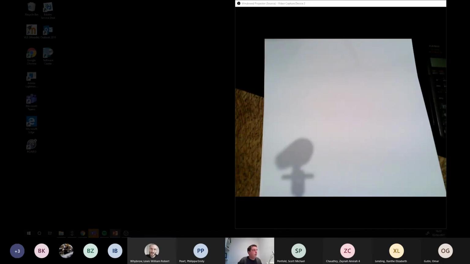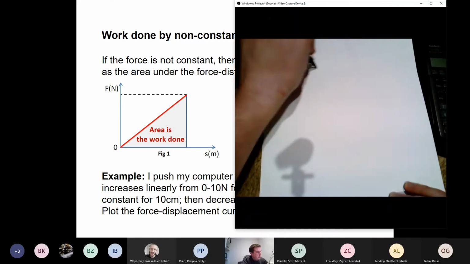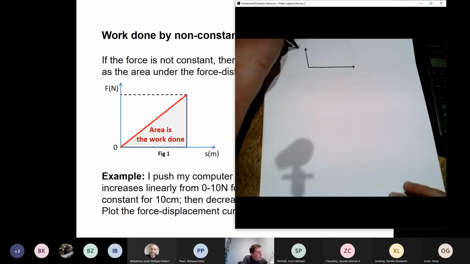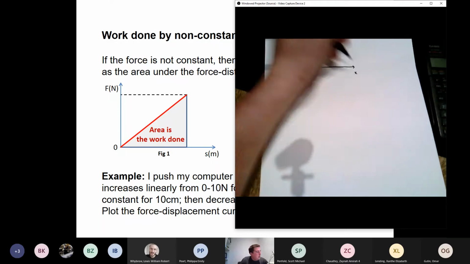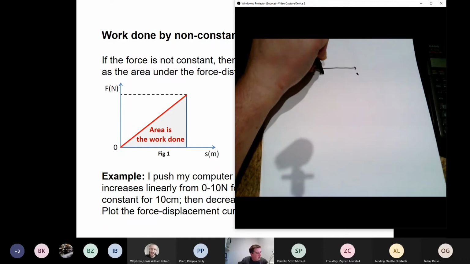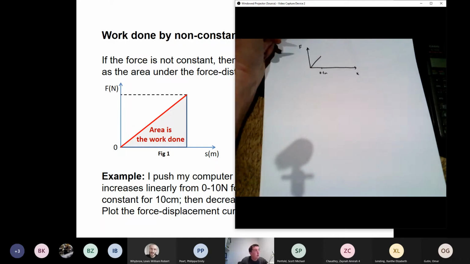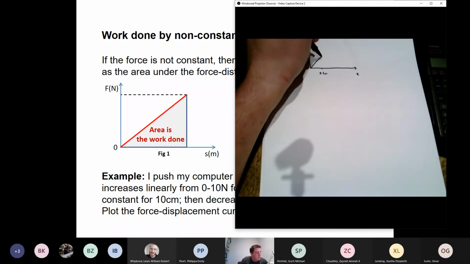we've got a force which varies over distance traveled. It increases linearly from 0 to 10 centimeters, which I'll convert to 0.1 meters. And that's 10 newtons there. This is taken from the question.